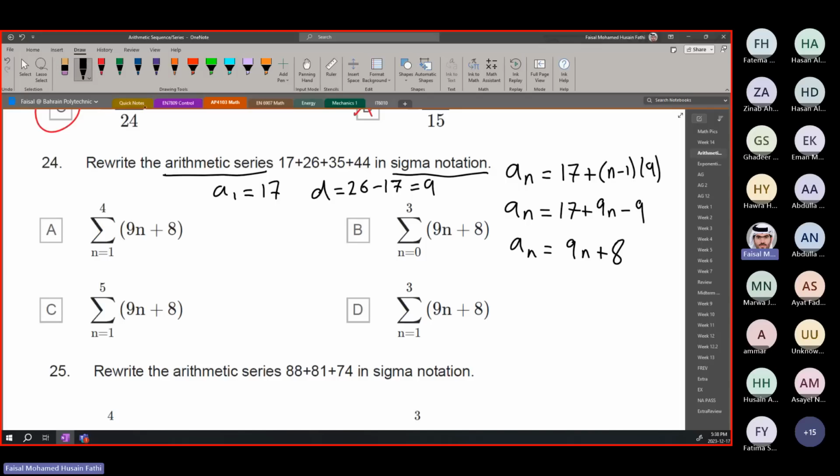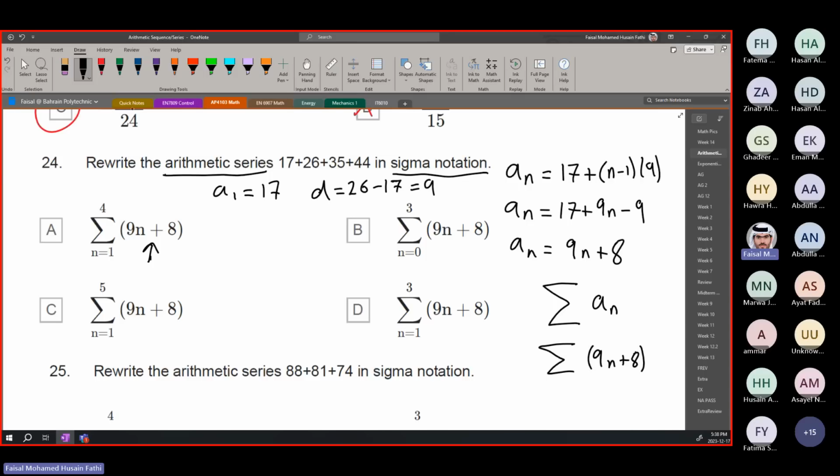So we found our AN. Now that we found our AN, we know that sigma is going to have AN in the middle. In other words, our sigma has 9n plus 8 in the middle. So this is how we start.